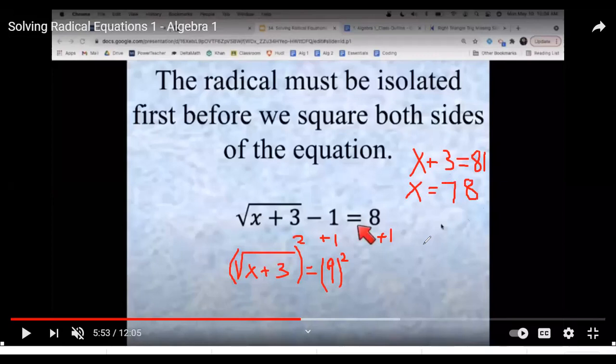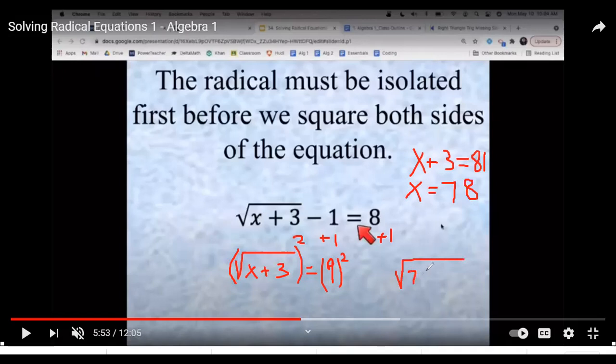Do we have to turn to the next question, or do we have to do something? We have to check. So how will we check, Johanna? We will replace x with 78.